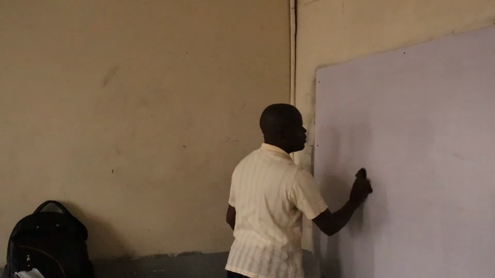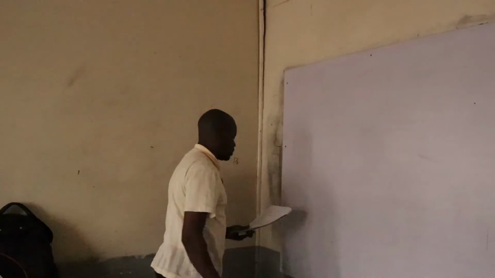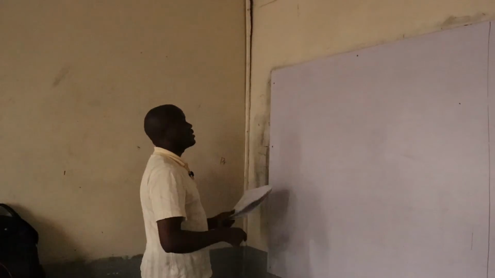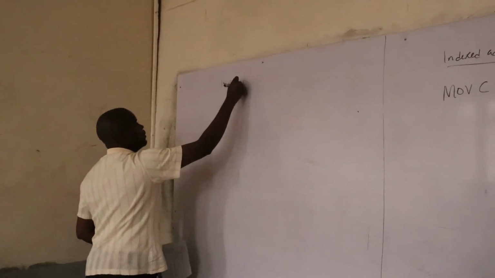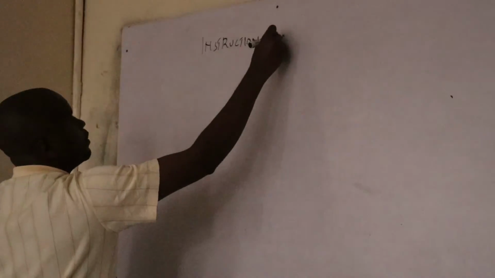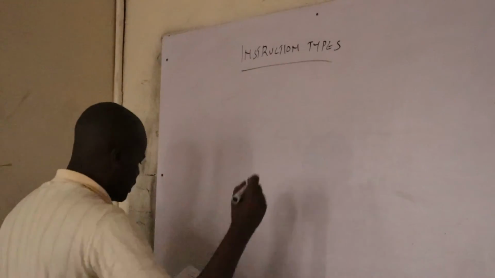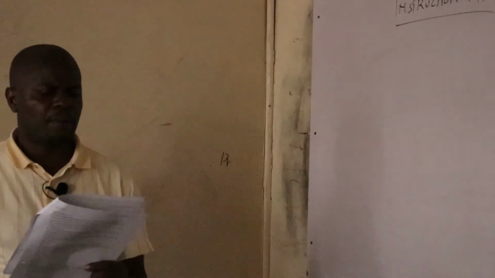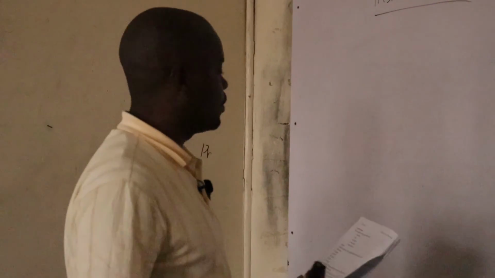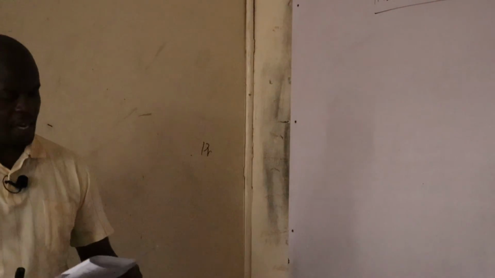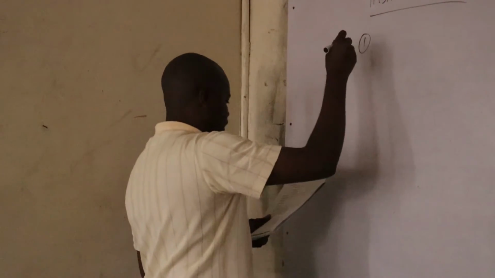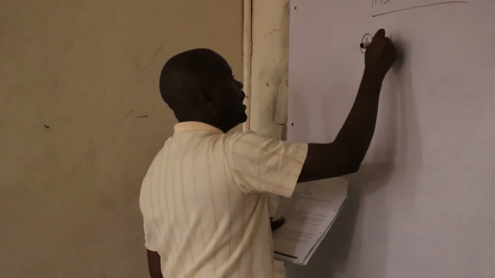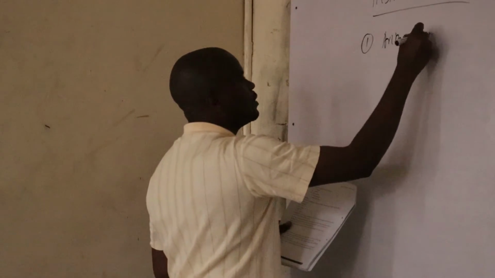So we can look at the instruction types. When you talk about the instruction types of the 8051, they are divided into 5 groups. The first one is the arithmetic instructions.